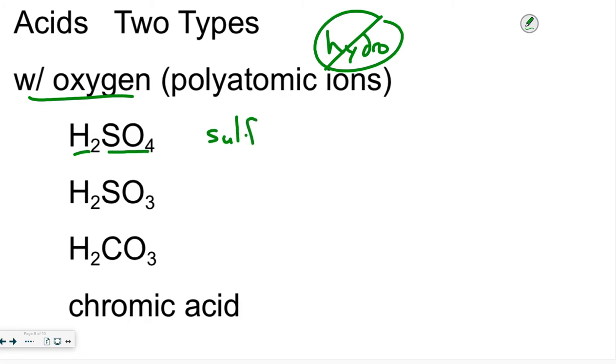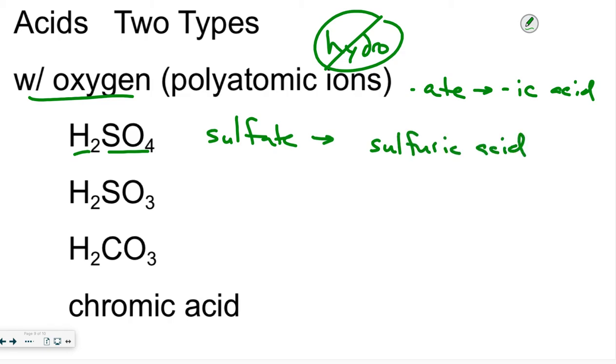SO4 is sulfate. Now the ruling is this: if it ends in ATE, then we change that to end in ic, and then we put acid at the end. So instead of sulfic acid, which is what it used to be called, but then they changed it, this should be sulfuric acid. Sulfate is SO4, but with 1 hydrogen in front, it's sulfuric acid.